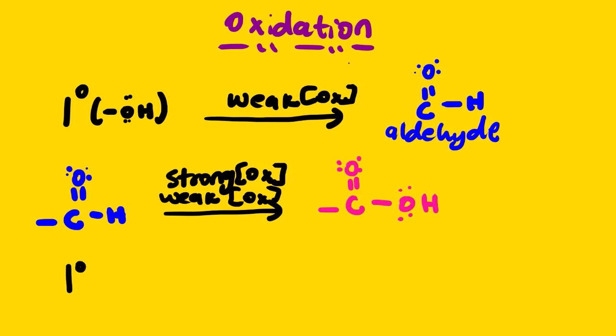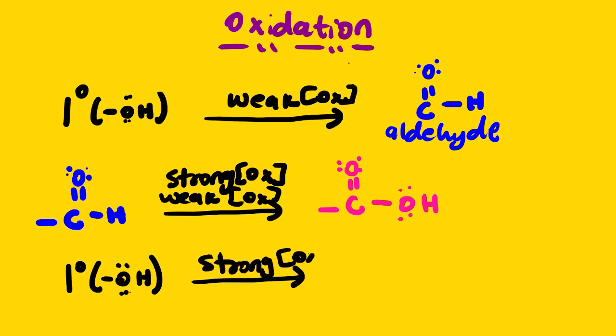Again, if we take a primary alcohol and then we use a strong oxidizing reagent, we are going to go straight to carboxylic acids. You'll actually skip the aldehyde production and go straight to carboxylic acid.